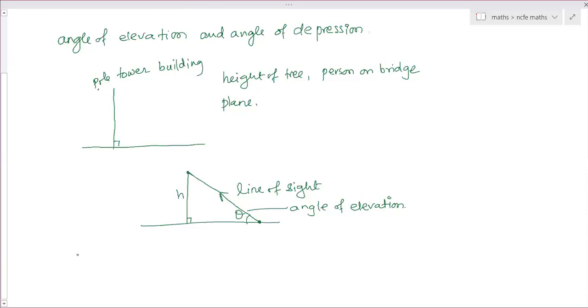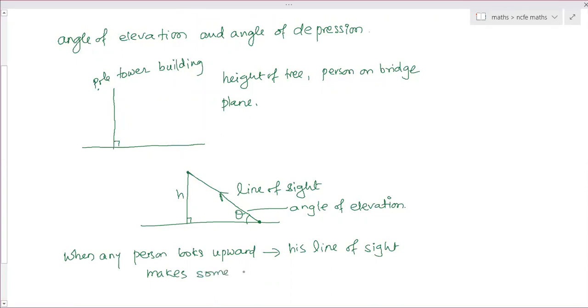So when any person looks upward, his line of sight makes some angle with the ground. That angle is called the angle of elevation.